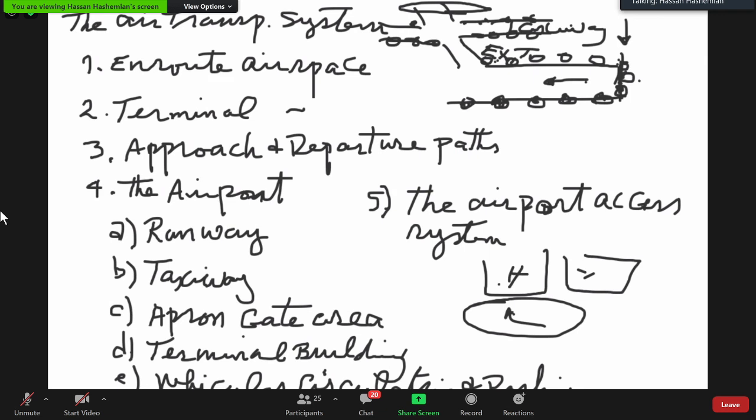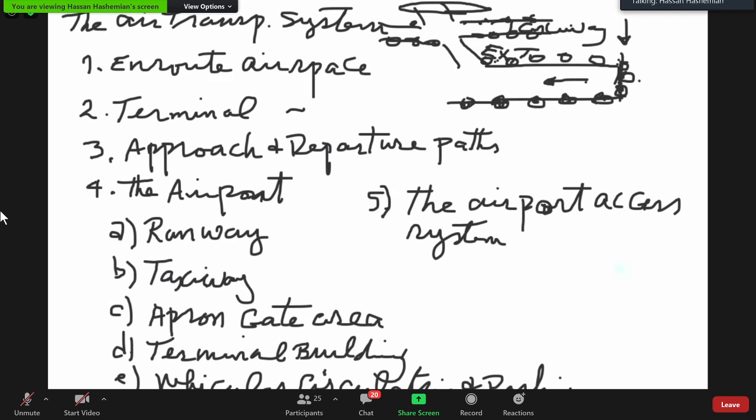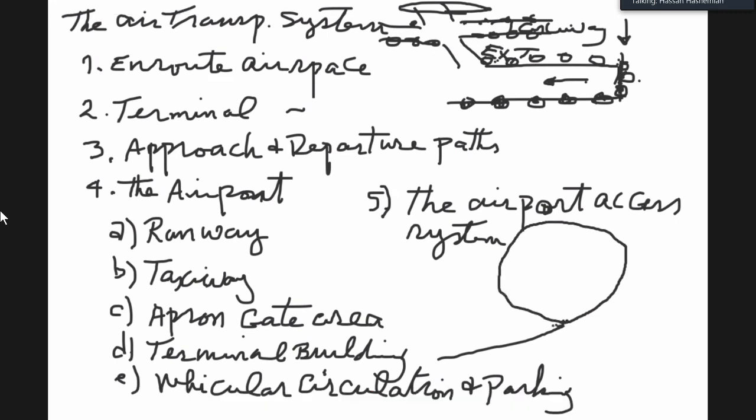Vehicular circulation and parking. And what would that be? Well, when you go to the airport, let's say you're taking 405, for instance, you go to LAX and you enter, you've got to go around and you can exit, but there is a circulation.